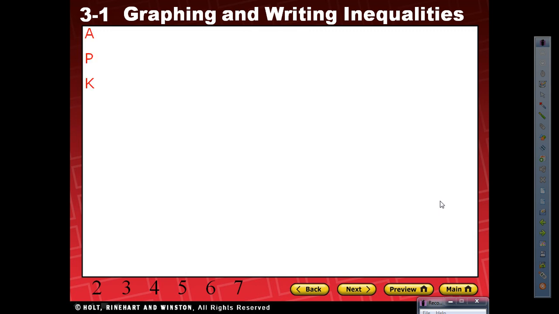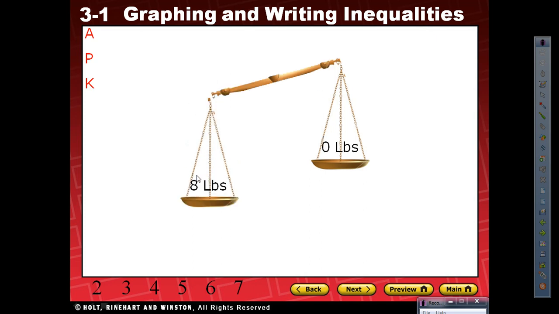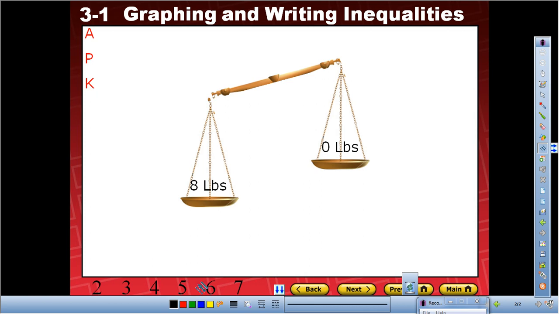So I take you back to when we introduced equations, and I gave you a scale. And I said, as soon as we add a weight to one of the sides, that side drops. So now, the original position of that scale was about right there, right?